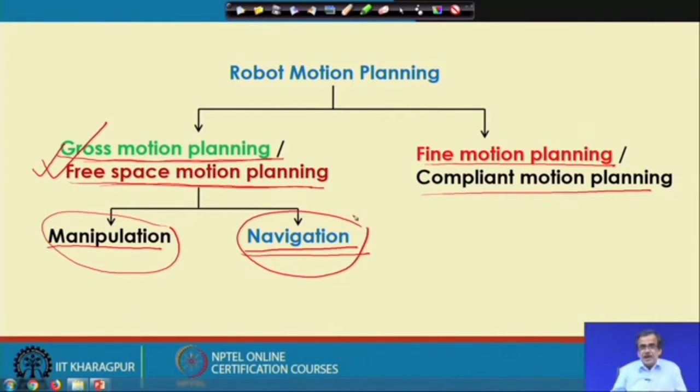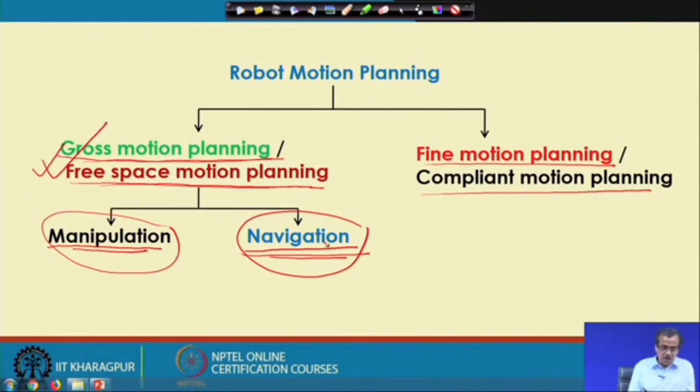In fact, we are planning to give some practical examples of this manipulation and navigation in this course, might be at the latter part. So, we are going to concentrate on this manipulation and navigation.